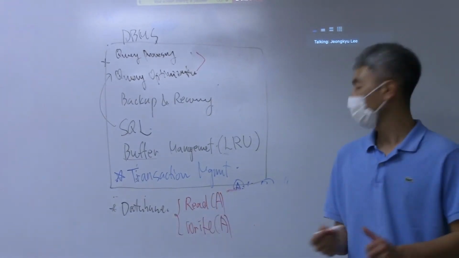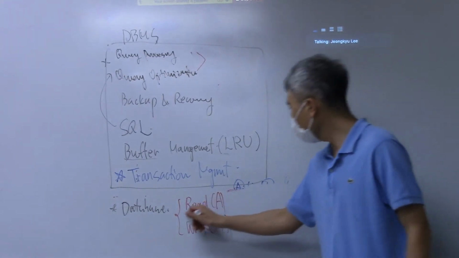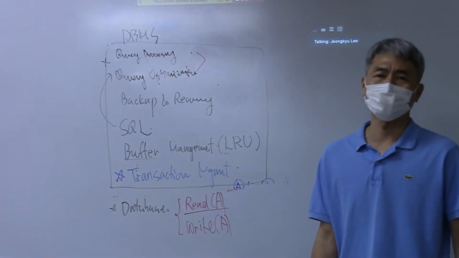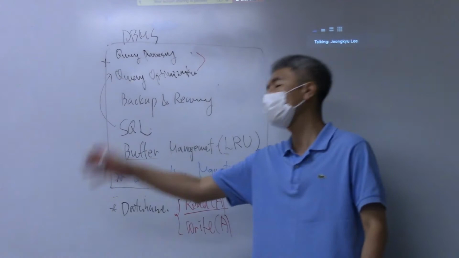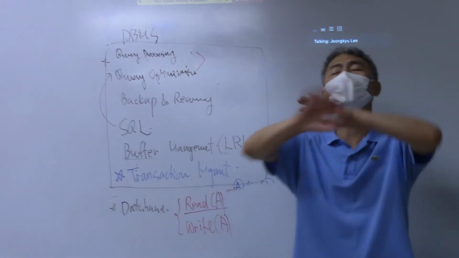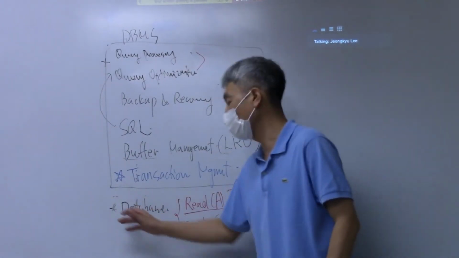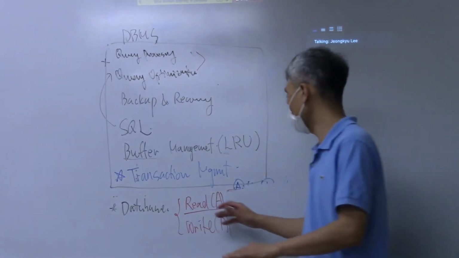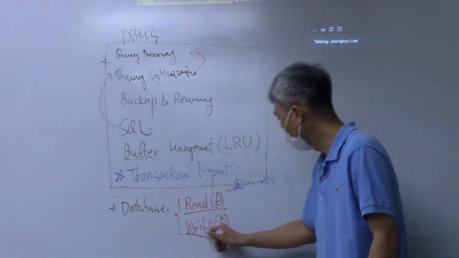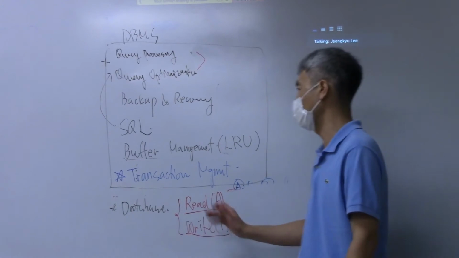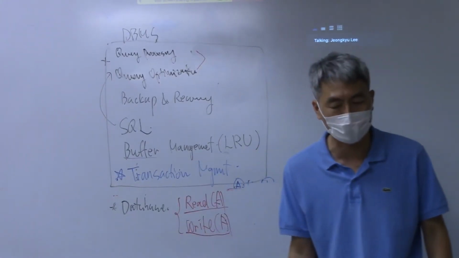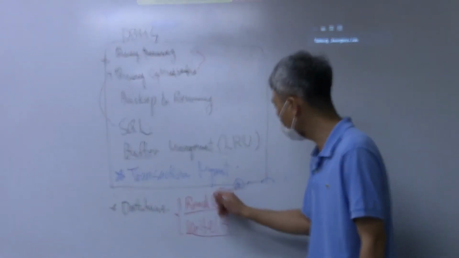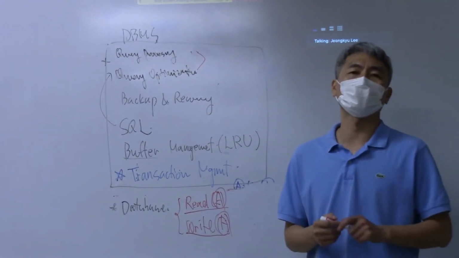Reading data is not a problem, right? You can read whenever you want, no matter how many database processes are working. However, when you write the data, that causes the synchronization problem because they are accessing the shared data.